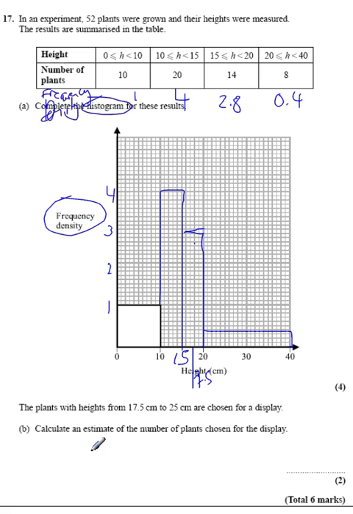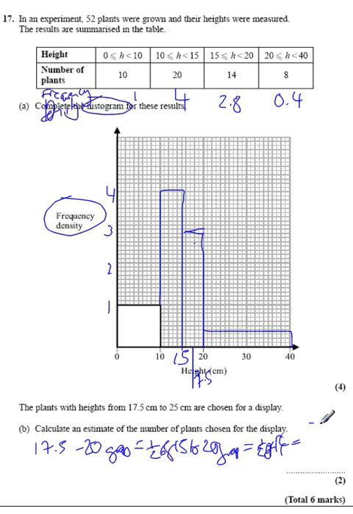So for the 17.5 to 20 group, it's going to be half of the 15 to 20 group, which is half of 14. Apologies for the horrendous writing, which is 7.